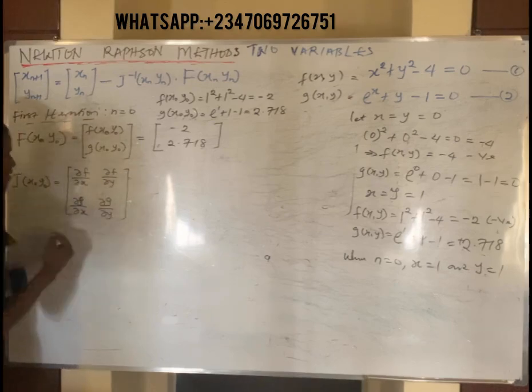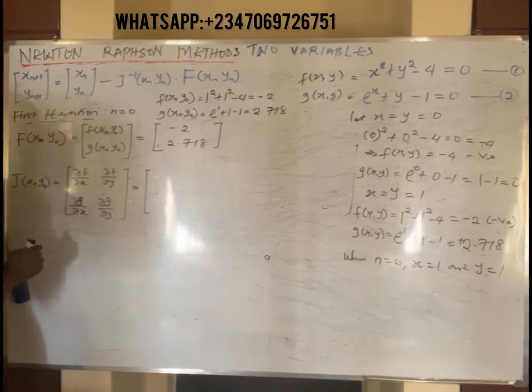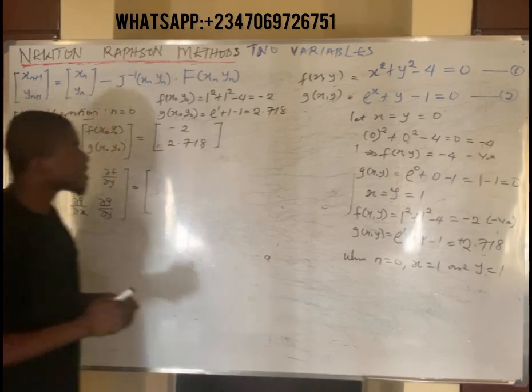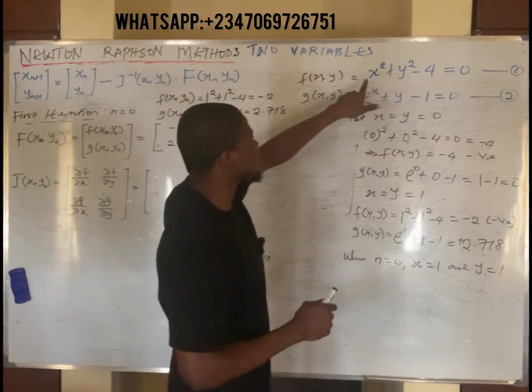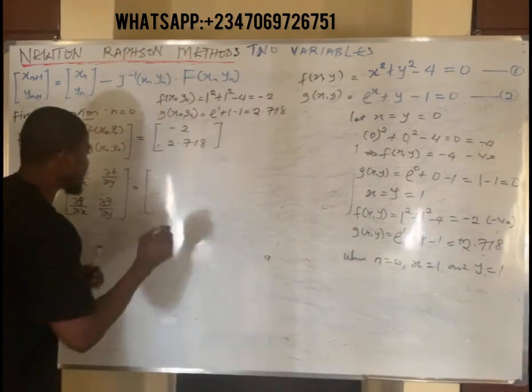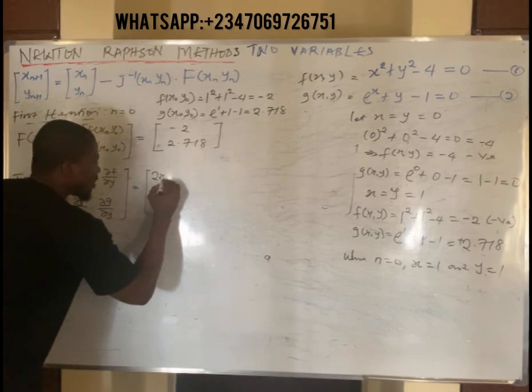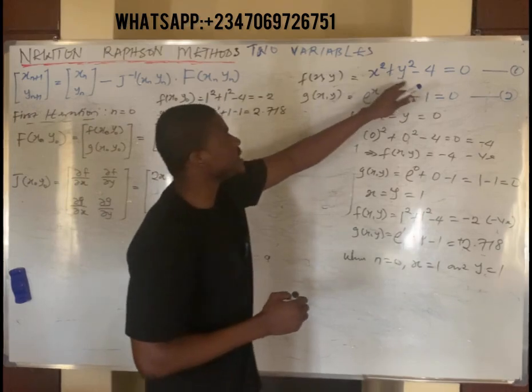So it means that we have to partially differentiate the first equation with respect to x and with respect to y. Now, this is our first equation. If I differentiate this function with respect to x, I will simply have 2x. If I differentiate that same equation with respect to y, I will simply have 2y.